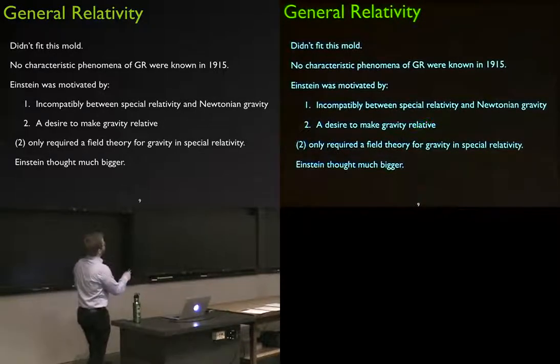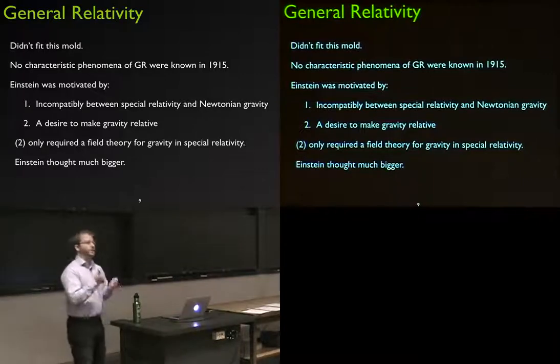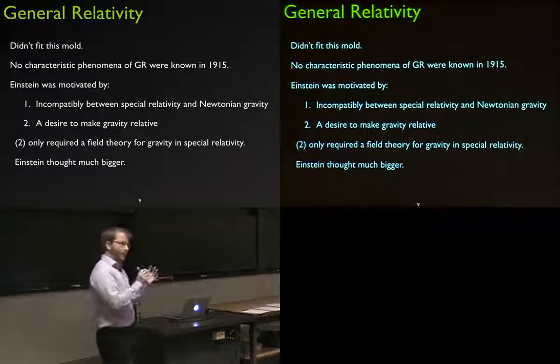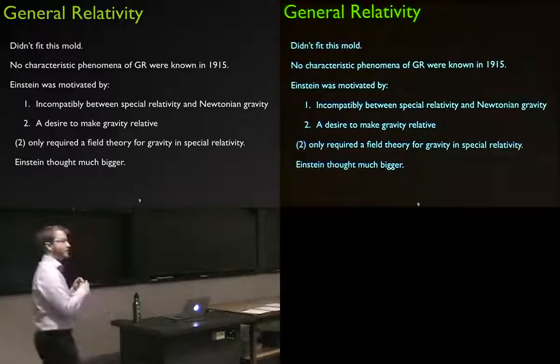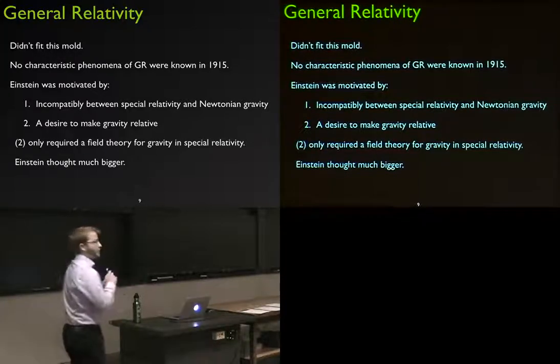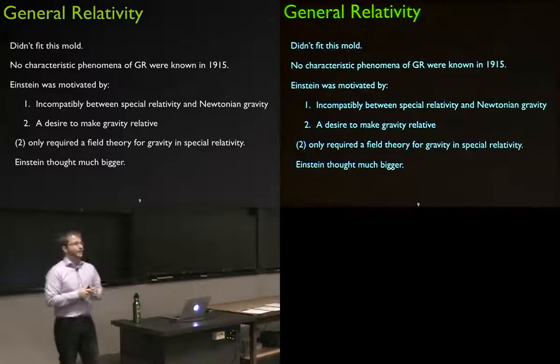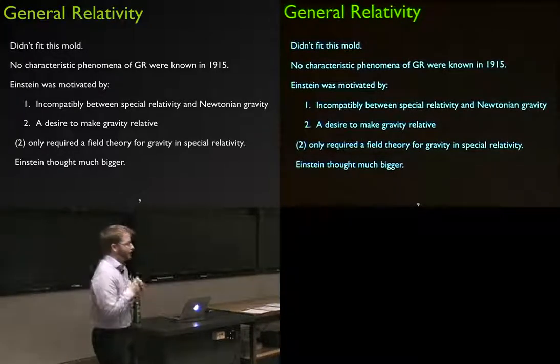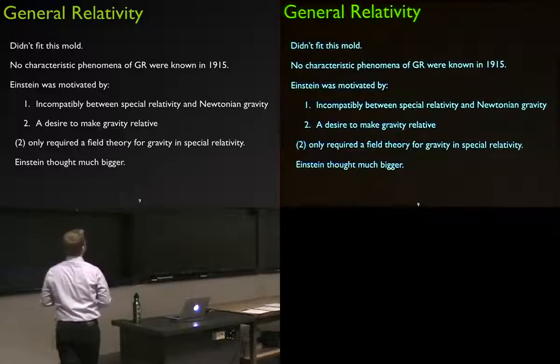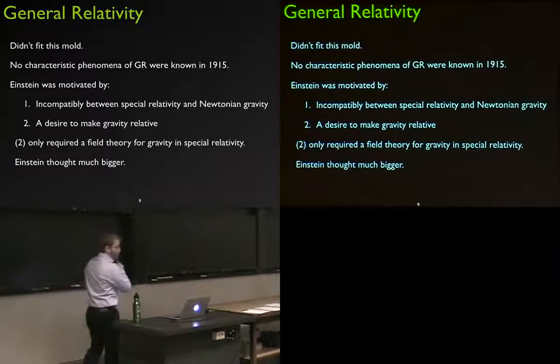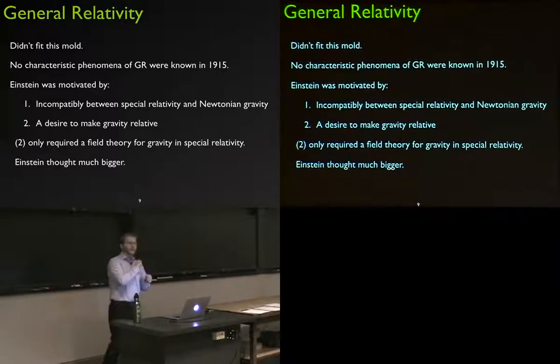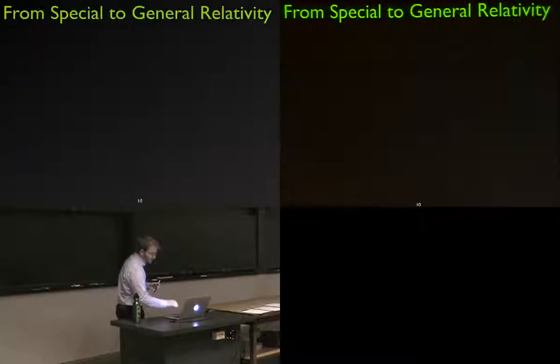That could be done with a simple modification to gravity, just a scalar, what they would call a scalar theory of gravity, within the framework of special relativity. And that's what a lot of physicists were working on after Einstein's theory of special relativity. They were just trying to basically duct tape a few things in Newton's description of gravity to make gravity now consistent with special relativity. But Einstein, even though those were properly explaining measurements at the time, he didn't like that idea. He thought something bigger was needed.